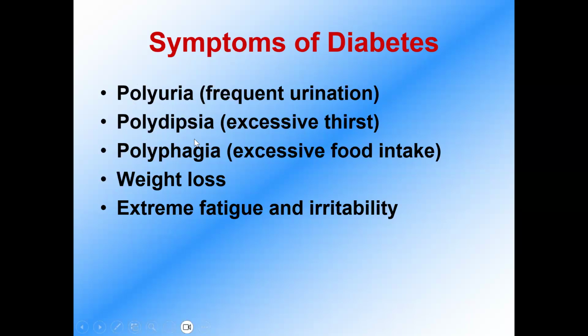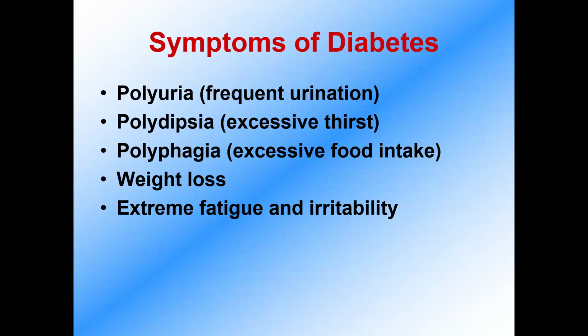Then the next complaint is polydipsia, which means excessive thirst. They will feel more thirsty. Their feeling of thirst will increase. Why? Because they are forming a lot of urine, and urine is lost from their body, which means loss of water from the body.